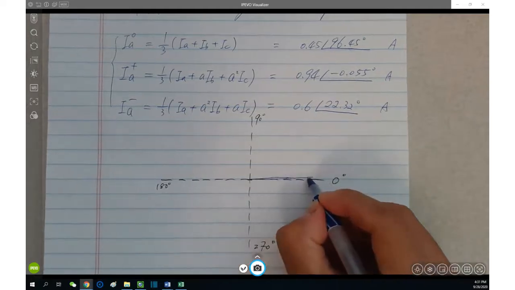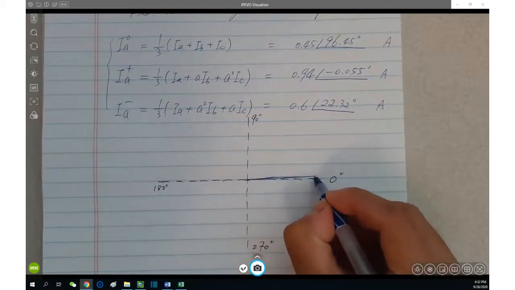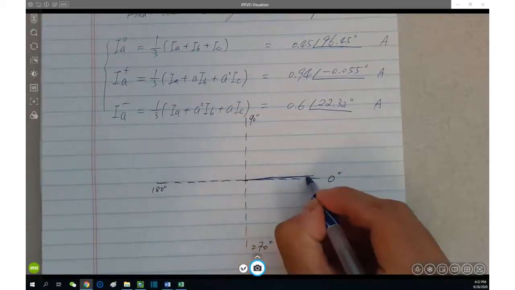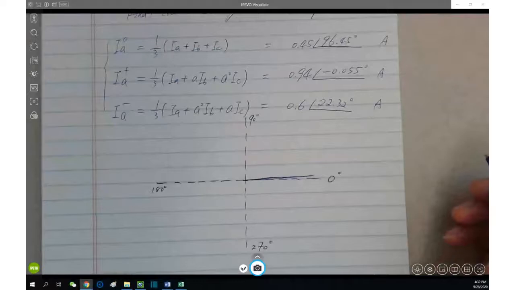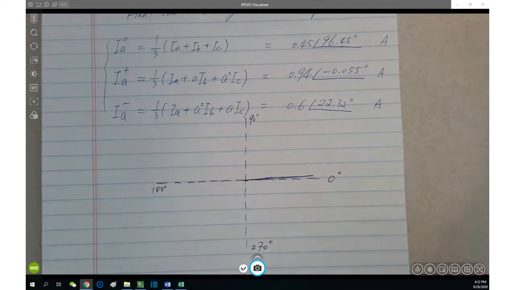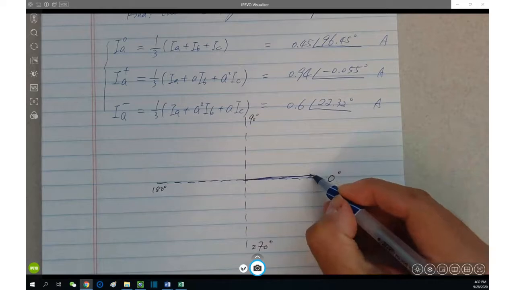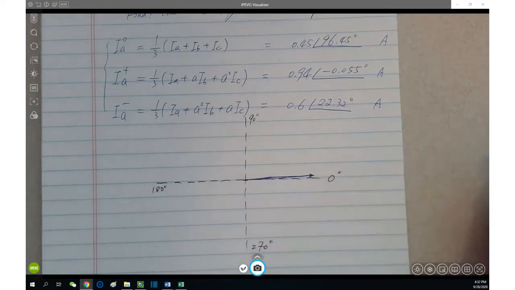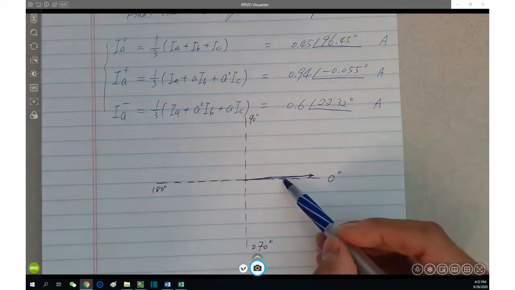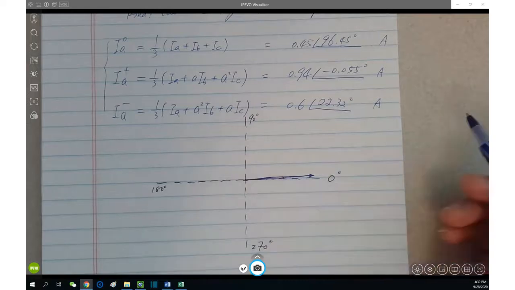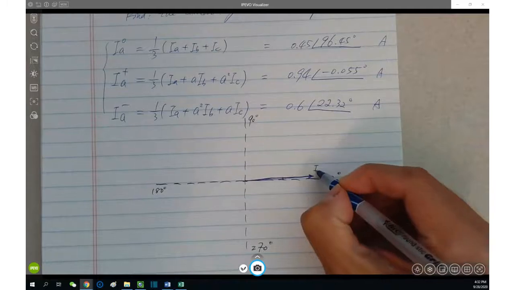You set up a decent length. Don't make it too short, don't make it too long either, right? A decent length, being clear that the rest of the two are going to be both shorter than this one. Give an arrow here. It's not exactly 0, so I gave a very tiny offset here. And then what we need to do is just label this one as IA plus.